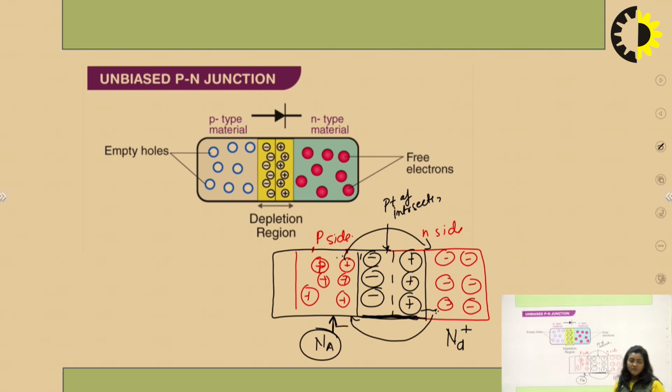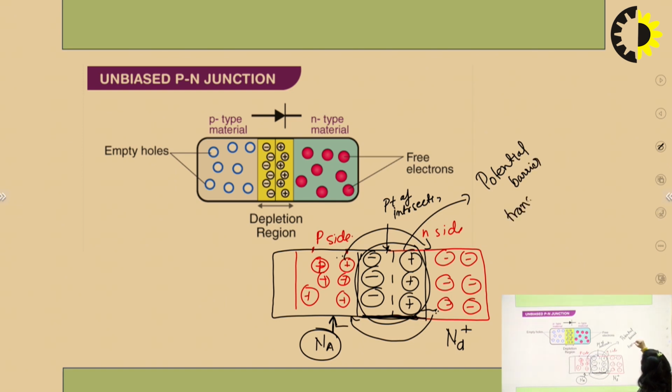Since a barrier is created, this region is known as a potential barrier, or we call it a transition region, because there is a transition of electrons and holes, or we also call it a depletion region.